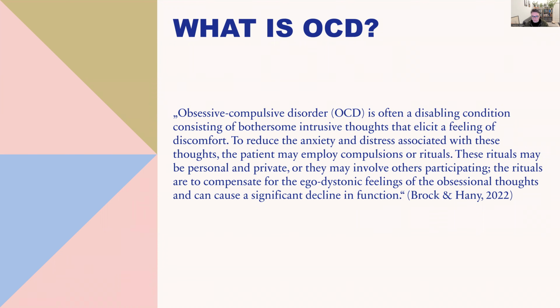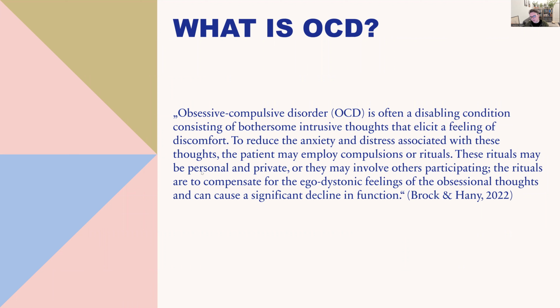These rituals may be very private, meaning that only the person who has OCD knows about them or does them, but they can also involve other people. So sometimes in certain cases of OCD, it's not enough that the person does something, but also those around them, right?